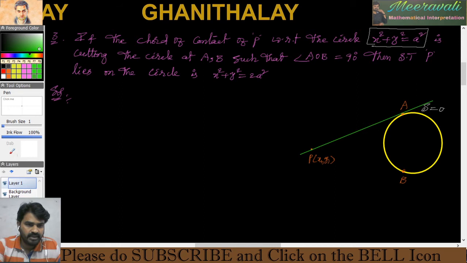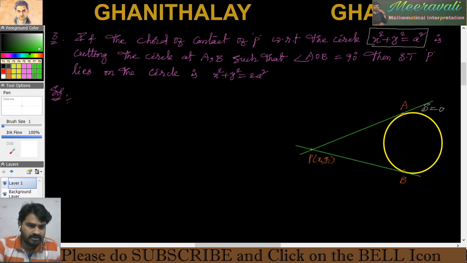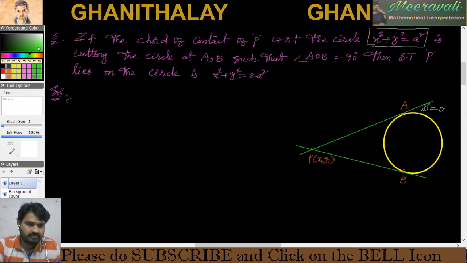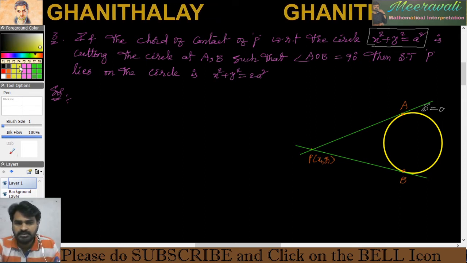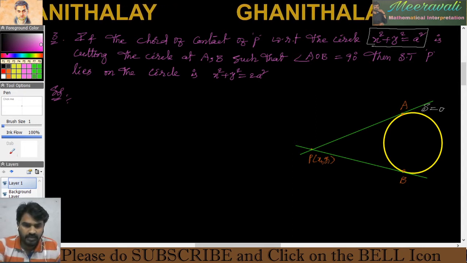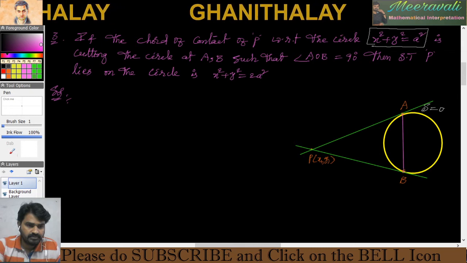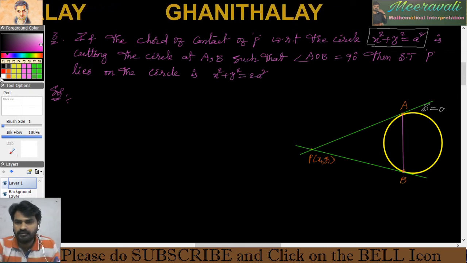This is one tangent and this is one more tangent. Now the chord of contact is AB. AB is our required chord of contact. So this is the chord of contact of P.